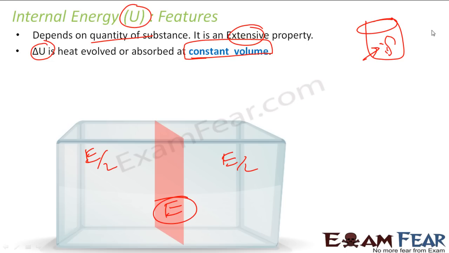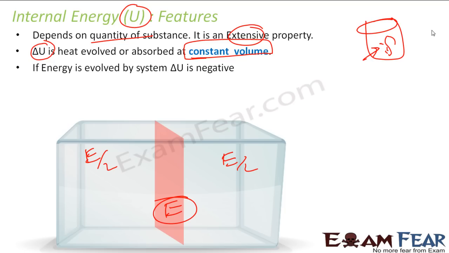No. You talk about internal energy change only when the volume is constant. If the volume is not constant, we'll not talk about internal energy change. We'll talk about something else, which we'll discuss later. But now, when you talk about internal energy change, we talk about constant volume.